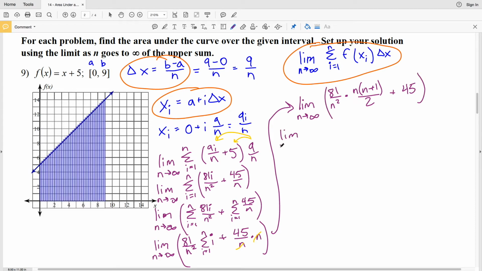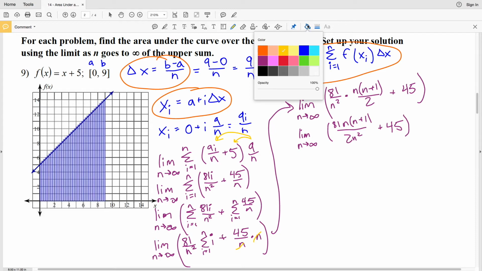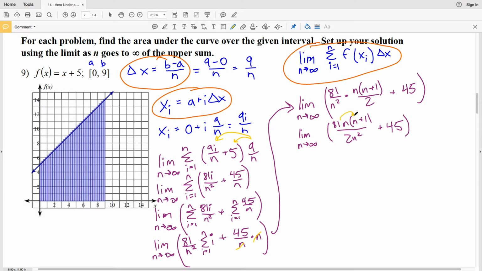So I'll have the limit as n approaches infinity of 81 times n plus 1 all over, multiplying the denominator, n squared times 2, or 2n squared, plus 45. Now in my numerator, I'm going to need to distribute that 81n to n and to 1.